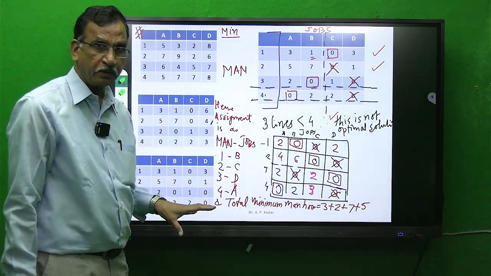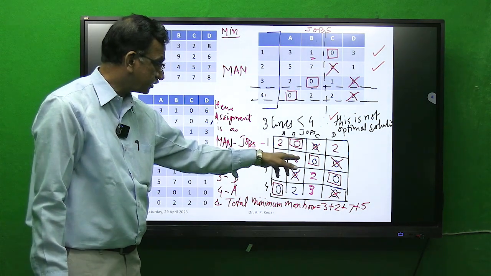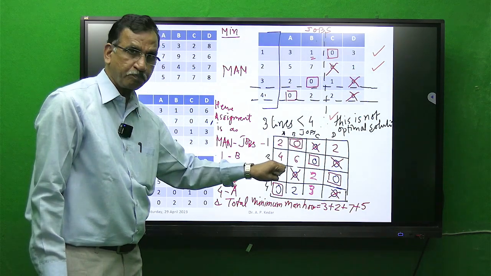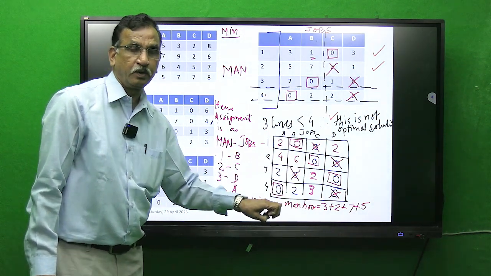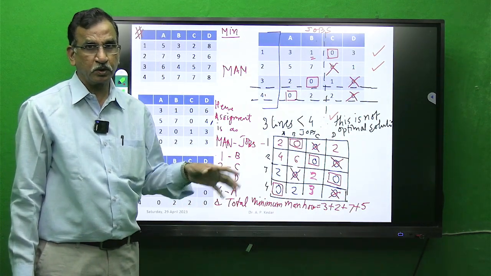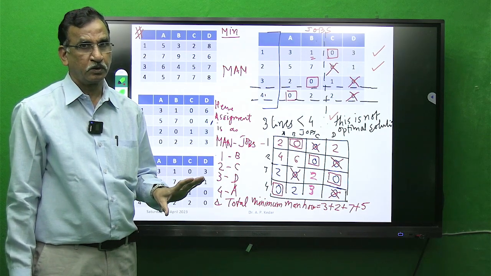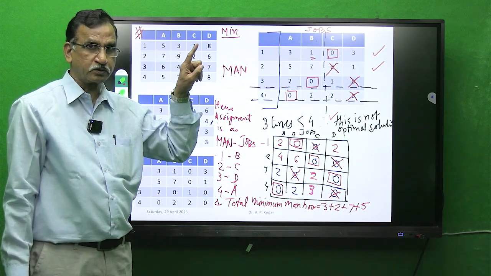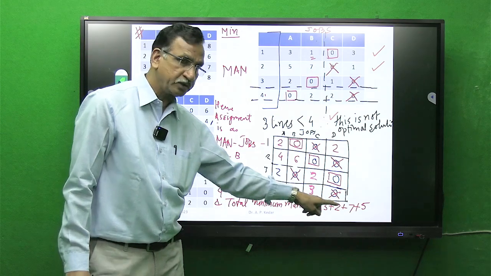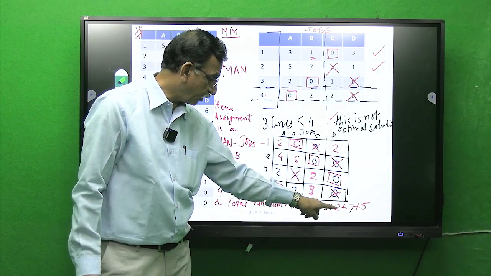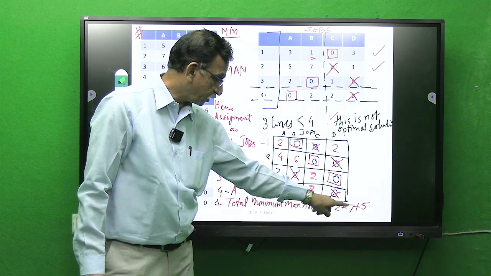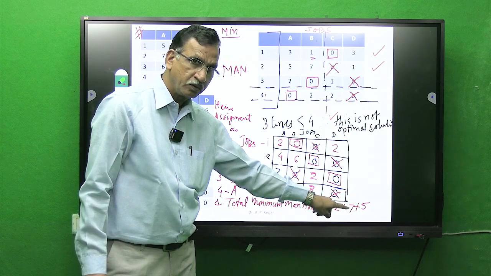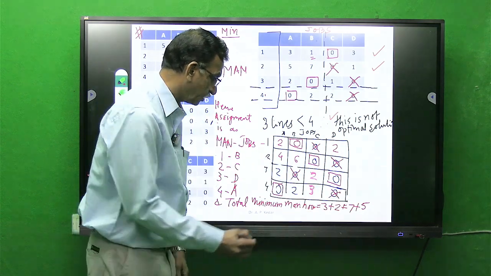What I did, since these were the assignments, I pick up values in the units of hours from the original matrix. Sum it. 3 plus 2 is 5, plus 7 is 12, plus 5 is 17.